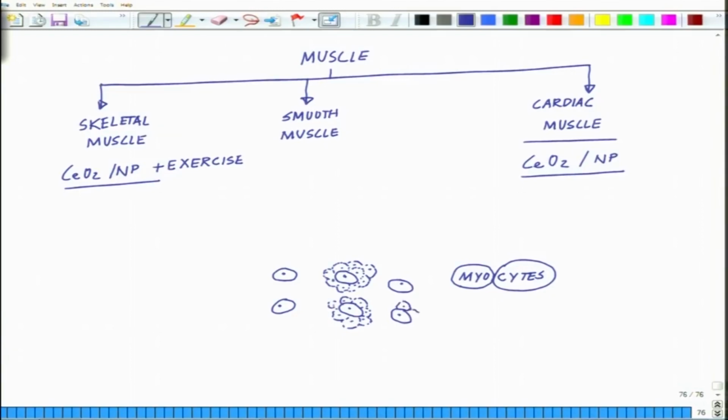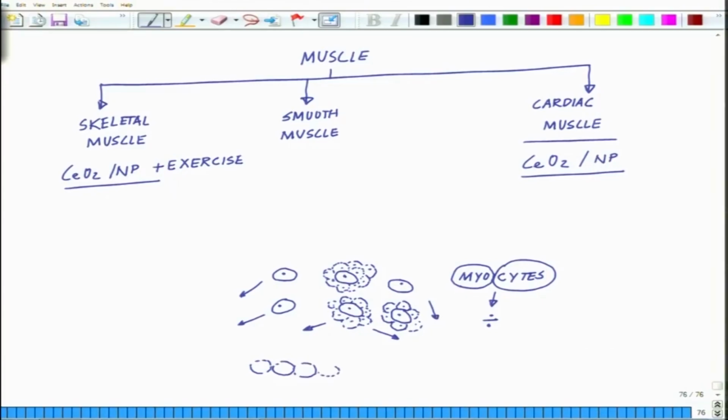So, myocytes go through division, followed by which they start to move and align like tubes. So, they align like this.